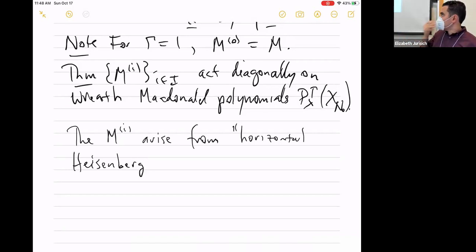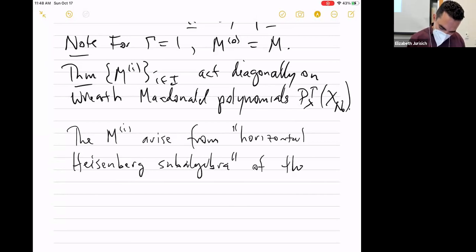So the central charge is just 0. A commutative Heisenberg subalgebra of the quantum toroidal algebra.